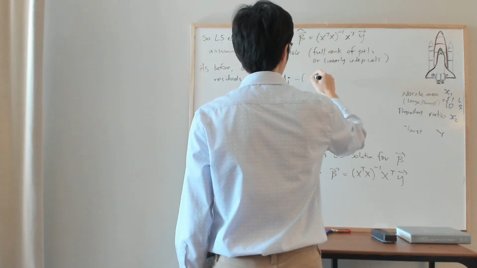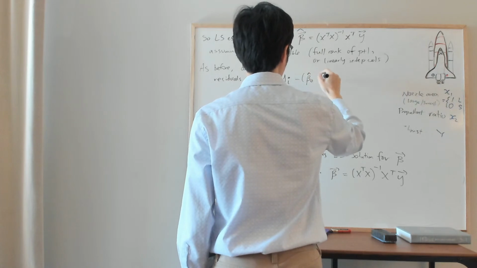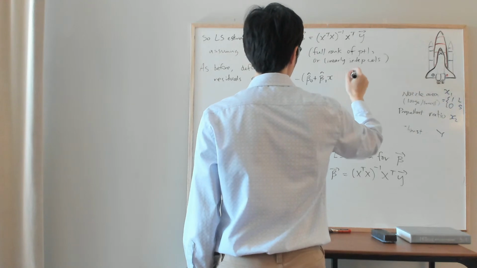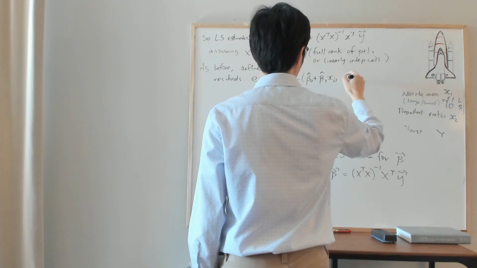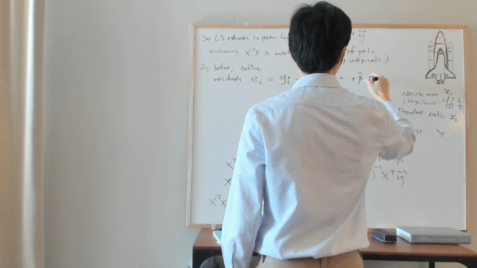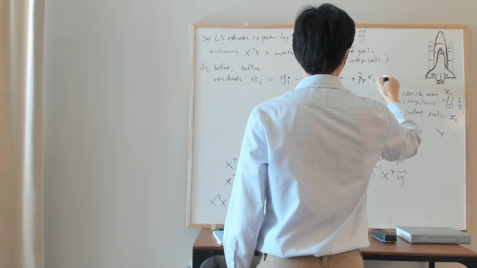So we have beta 0 hat, beta 1 hat x_i1, up to beta p hat x_ip.